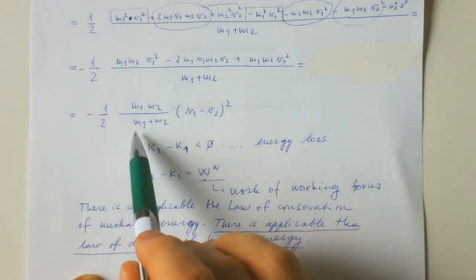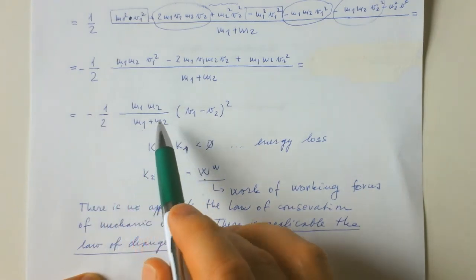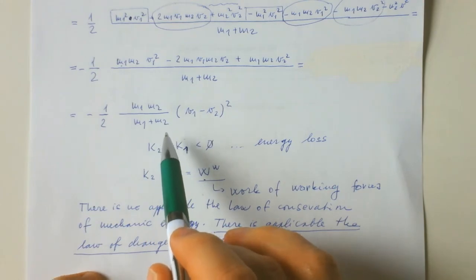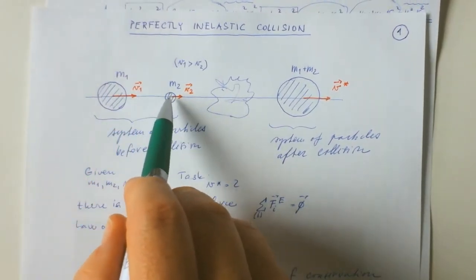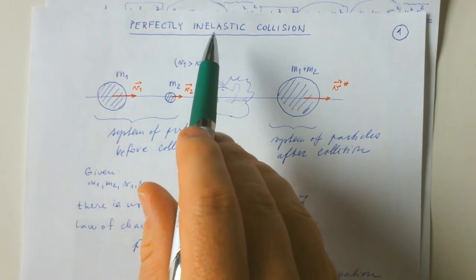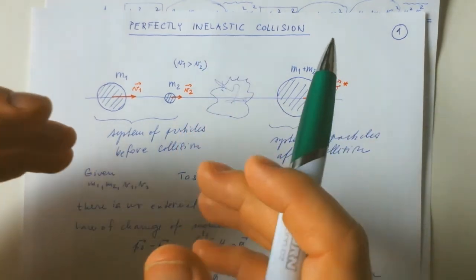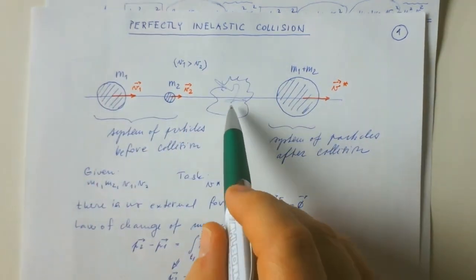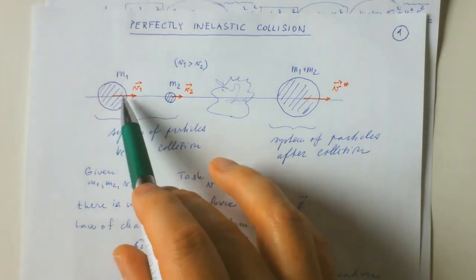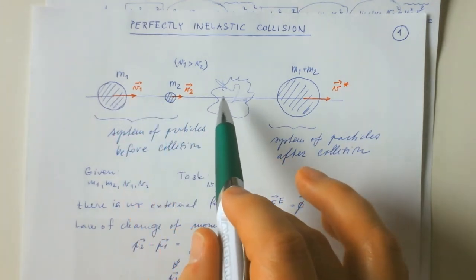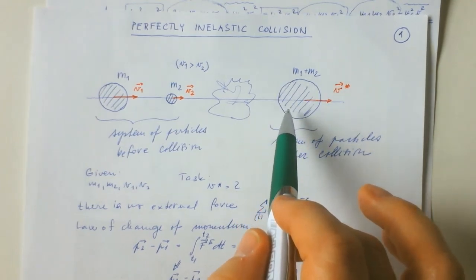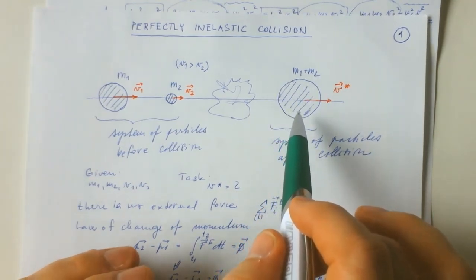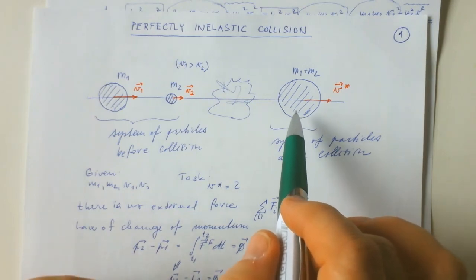This energy was used for reshaping the system of particles, because originally we had two individual particles, and because it is ideally inelastic, which means ideally plastic, both particles transformed into one big particle.